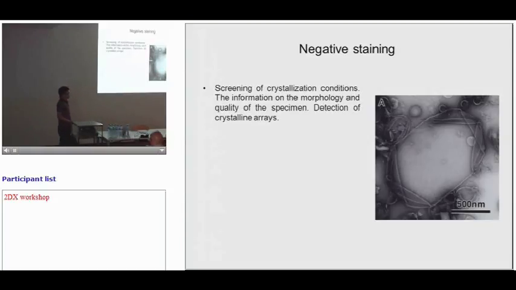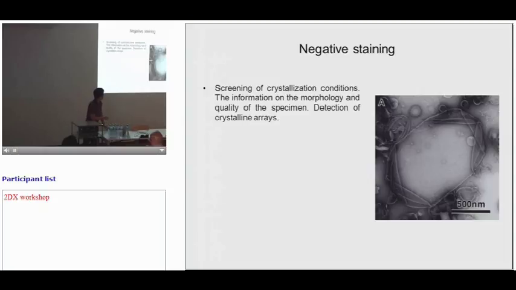Negative staining is mostly used for the screening of crystallization conditions, which gives information on the morphology and quality of the specimen. The specimen is examined for the presence of vesicles, sheets, tubes, and aggregates. In good conditions, crystalline arrays can be detected, as shown here.